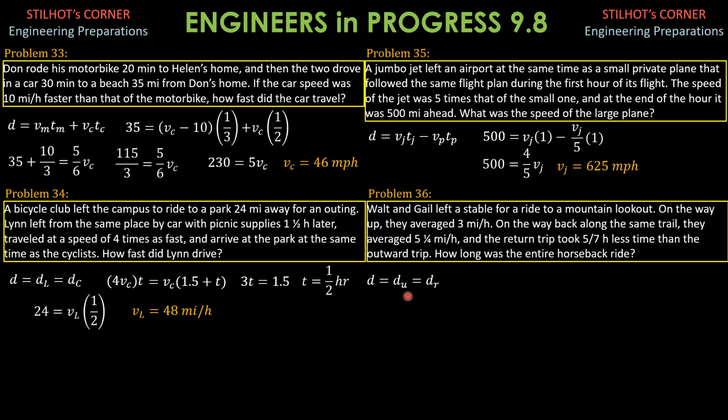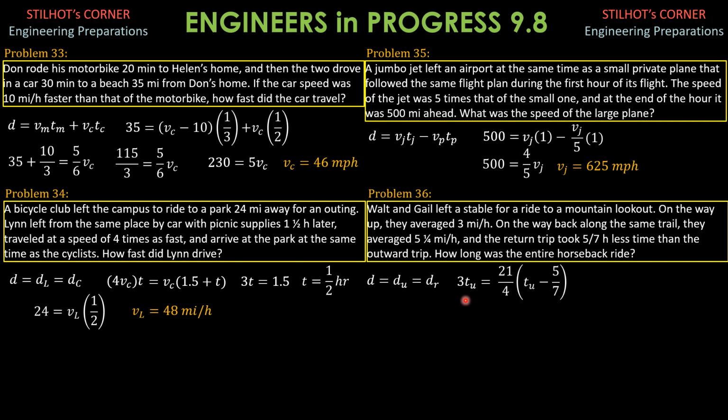So distance going uphill is average speed 3 times time going uphill, which is t sub u, and that equals the distance going back on the return trip. So we have 5 and 1/4, that's 21 over 4, as the speed, and the travel time is t sub u minus 5 over 7, as mentioned here. So 21 over 4 times t sub u minus 5 over 7.